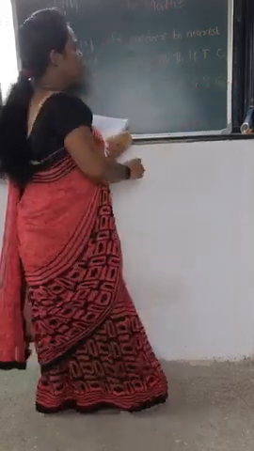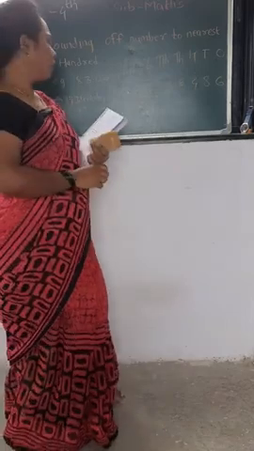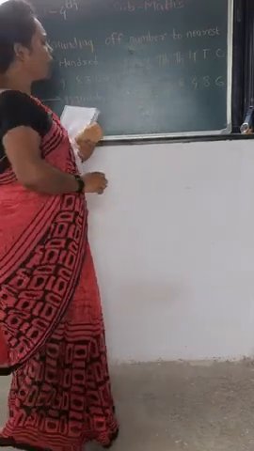Write this number there and identify the place which is to be rounded off.